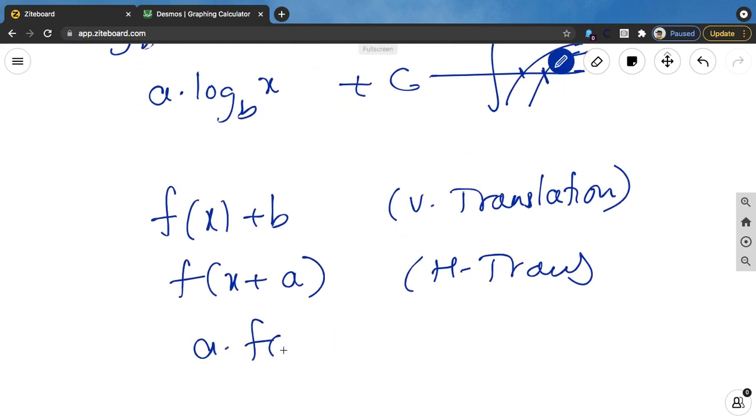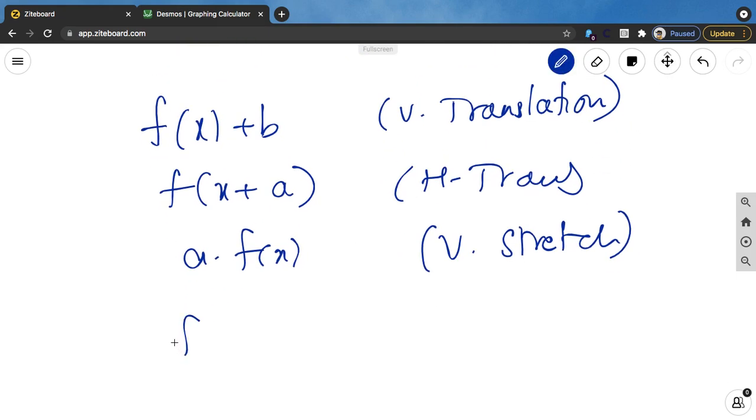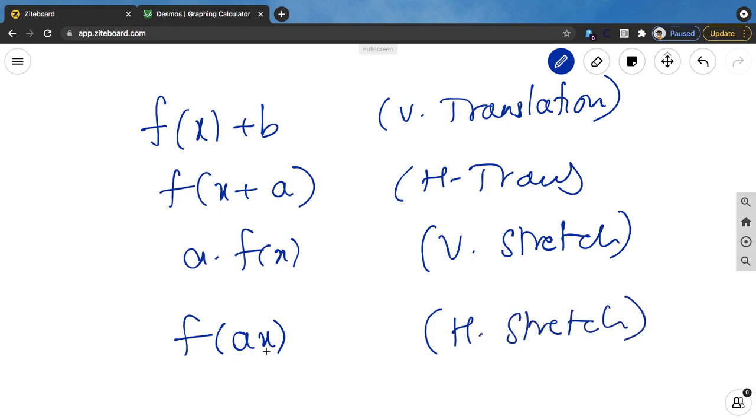A times f of x is vertical stretch or compression, so your y coordinates change. And f of ax is your horizontal stretch or compression. Here the x coordinates change. If a is greater than 1, a lesser value of x will give you the same value of y.